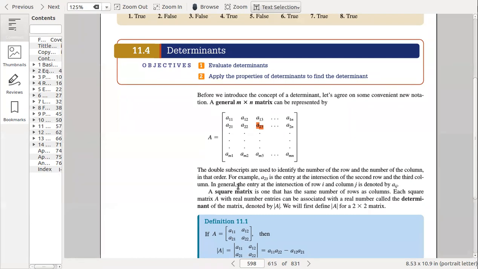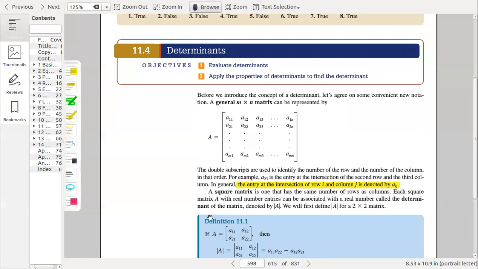So in general, the entry at the intersection of row I and column J is denoted by Aij. So Aij means the entry of the matrix at the ith row and jth column. This is easy to remember.